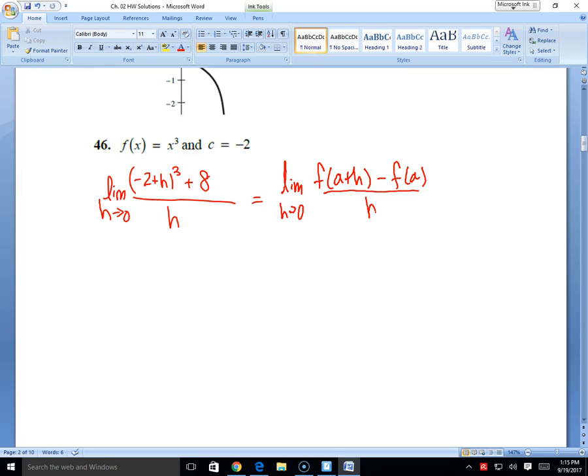Can anybody talk through how they figured out X cubed and negative 2? Frank, what did you do? Well, you can assume that if that's the original formula, that F of A, if it's A, then it has to be negative 2, because negative 2 cubed is negative 8, but it's minus when you subtract.